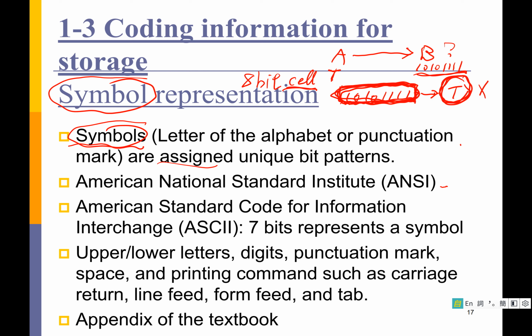And B is confused, asking, what does it mean? Now, we need a standard. We need a table to make a translation, that 10101111 represents capital T. So A can send a symbol capital T to B. In order to do this, we need a standard for this kind of translation.